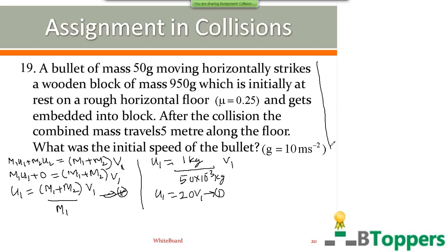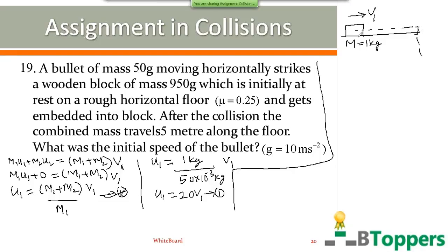So we can apply the work energy theorem for motion after collision. The total mass after collision can be denoted by M, which is equal to M1 plus M2. The combined mass starts moving with velocity V1 after collision and travels some distance S along the floor before it comes to rest, before its velocity becomes 0.